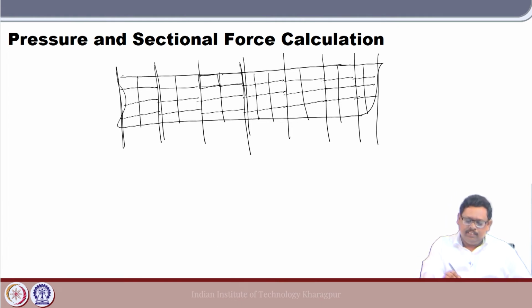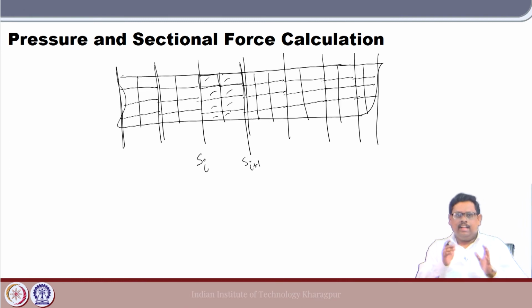Now, you can see, within, let us say, S I and S I plus 1, I have 1, 2, 3, 4, 5, 6, 7, 8, so I have these 8 panels.